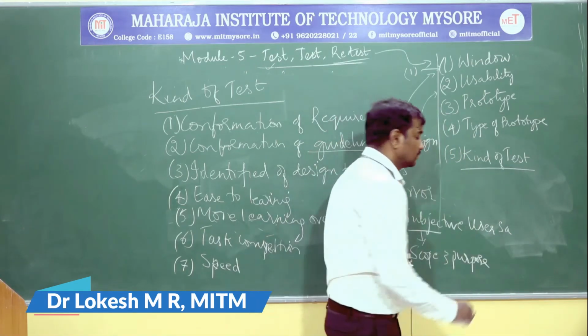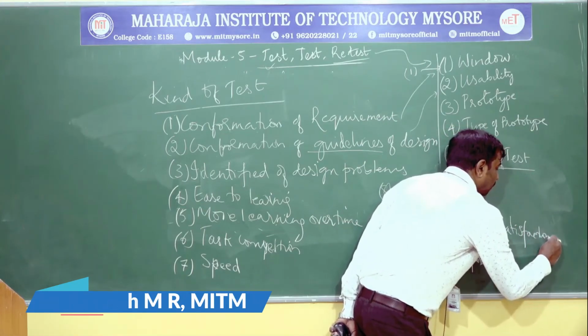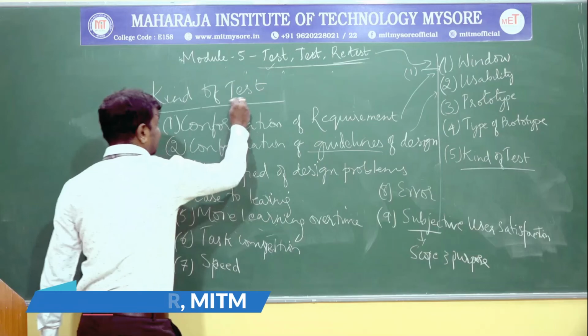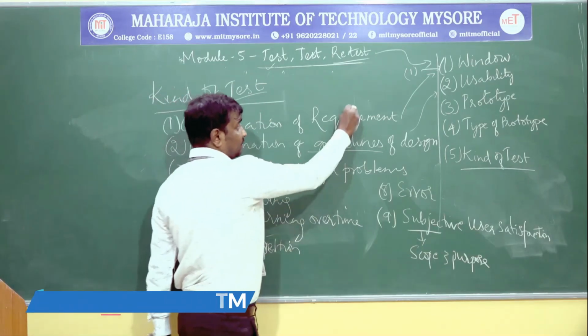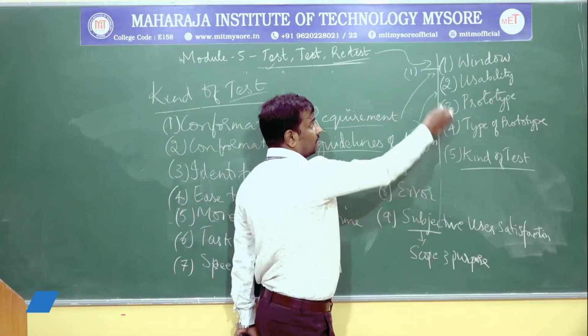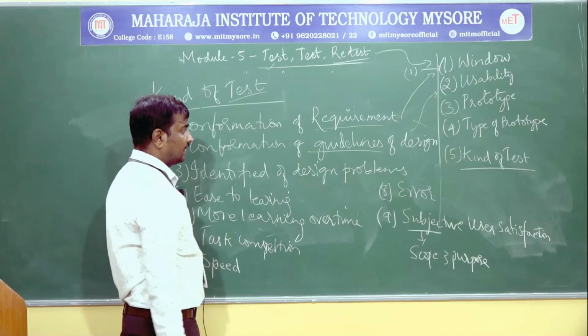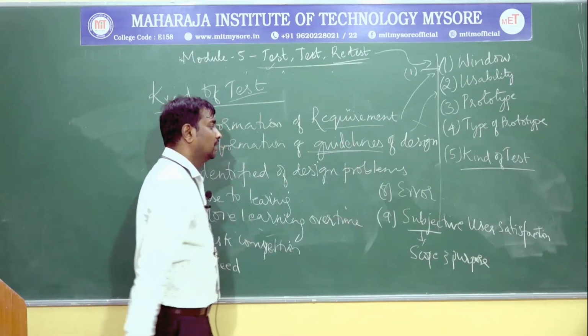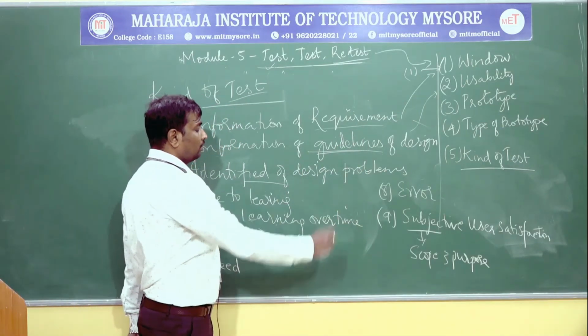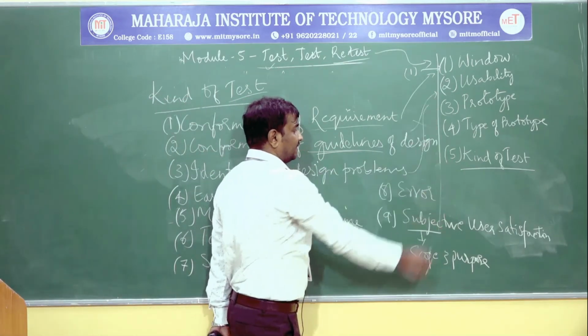The scope as well as the purpose needs to deliver users' satisfaction. So the main goal of testing is to identify the requirements, by identifying the windows, the guidelines for the design process, and the problems with respect to the design process in usability testing.